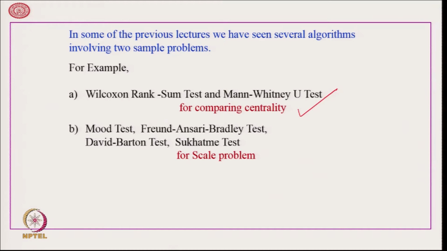We have also studied, for the scale problem, the Mood test, Freund-Ansari-Bradley test, David-Barton test and Sukhatme test, etc. In this lecture, we shall conclude the topic by studying some more tests.